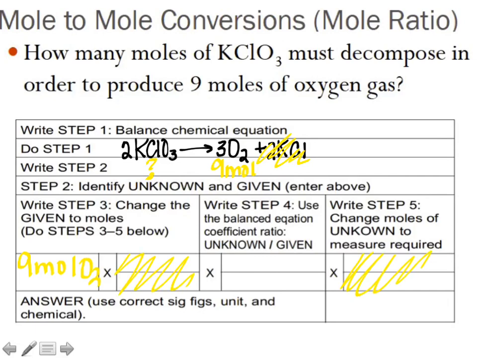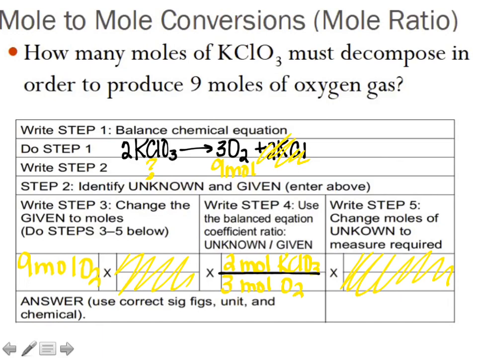The next thing is we need the stoichiometric numbers. So we have our unknown on top. So what's the number in front of our unknown? 2 moles of KClO3. And that's going to be over our known. What is our known? The number in front of our known is 3 moles of O2. So now we're going to multiply everything on top.